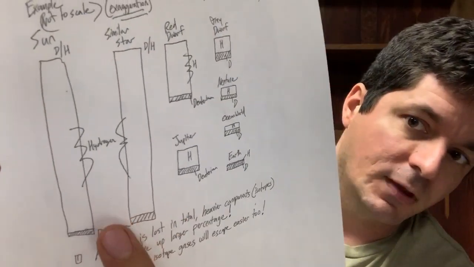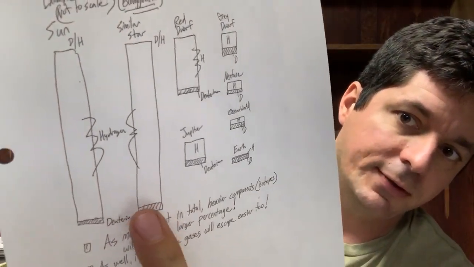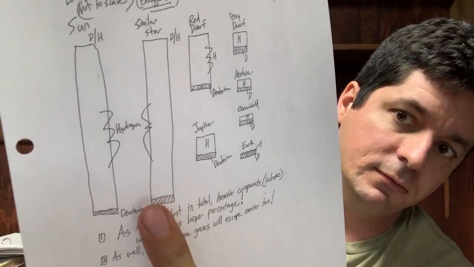On the left-hand side, I have the sun's deuterium and hydrogen, both those isotopes together, and I have a similar star right next to it. The hydrogen takes up a lot more. You can see that, and the bottom, that little bit is deuterium, and then you have red dwarfs.